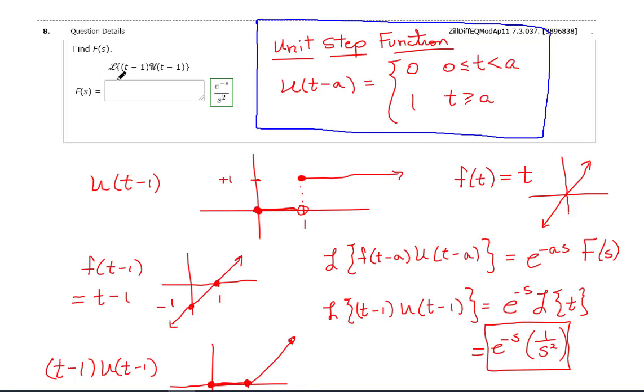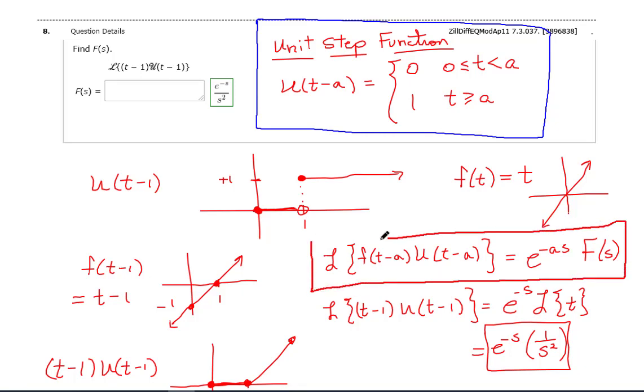And in this case, I've got the Laplace transform of that times u of t minus 1. So we have this relationship here, that the Laplace transform of f of t minus a times u of t minus a is e to the minus as multiplied by the Laplace transform of my original function.